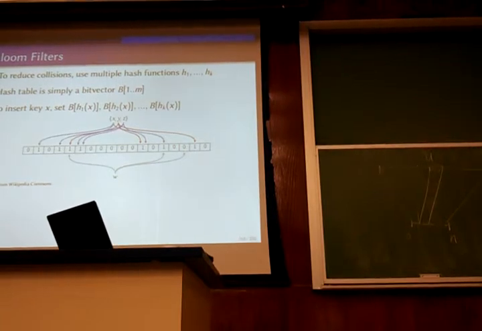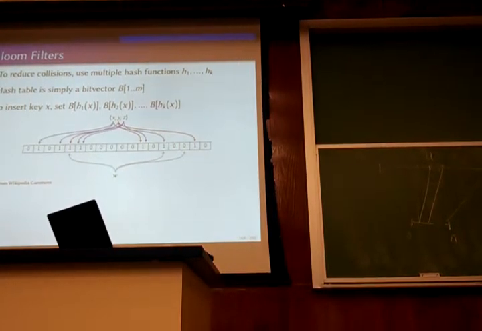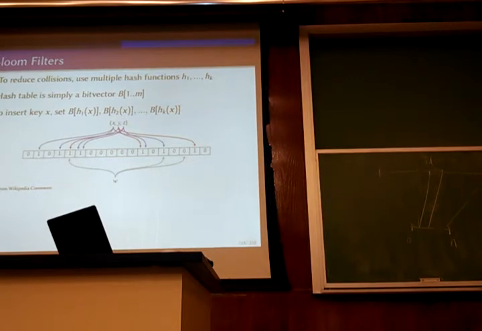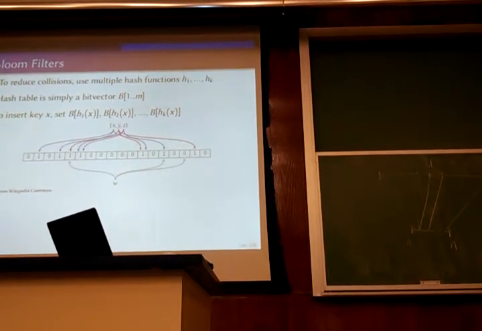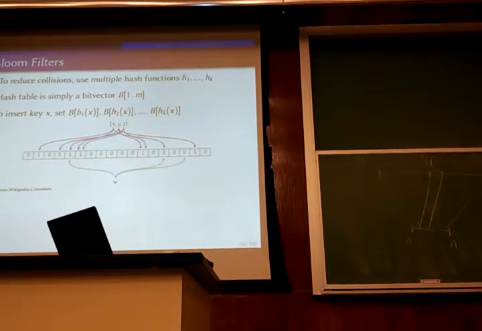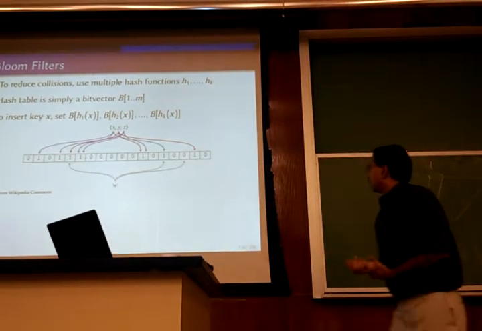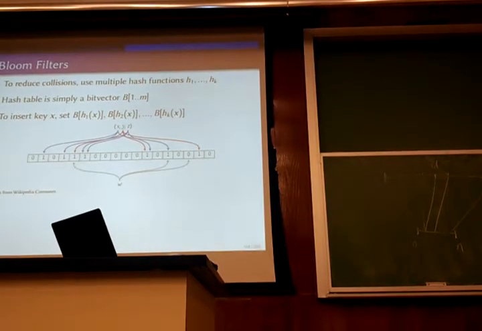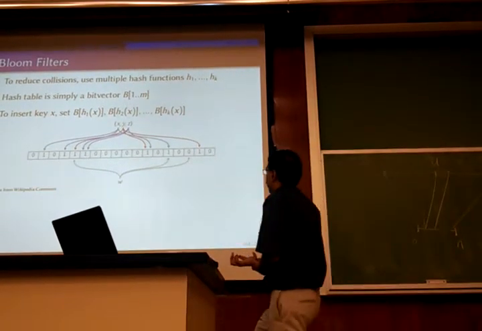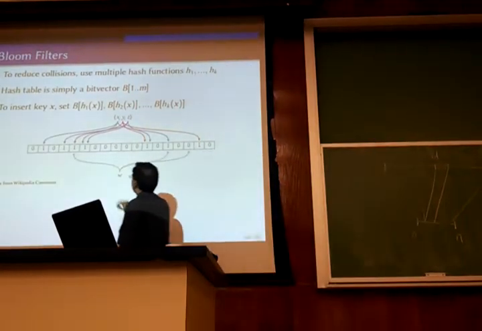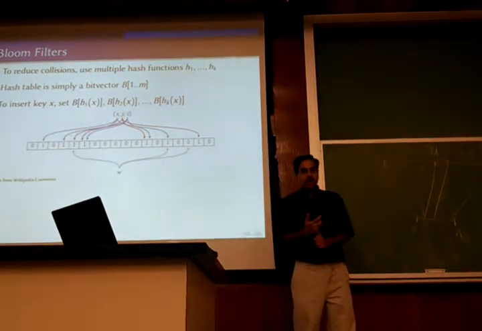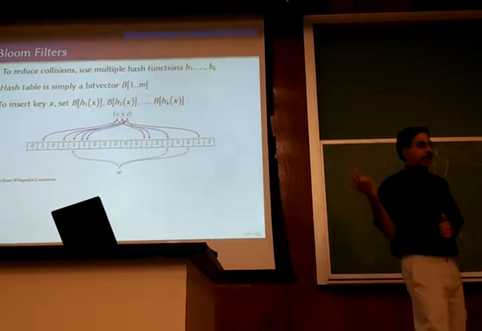So inserting a key into your Bloom filter means you basically compute the k hash functions on the value, and then you go to those bits and set them all to 1. Okay? And you can see that here there are 3 elements that are inserted, x, y, and z. And you can see that some of them, like x and z, on the second hash function have the same value. They produce the same value. They collide on the second hash function.